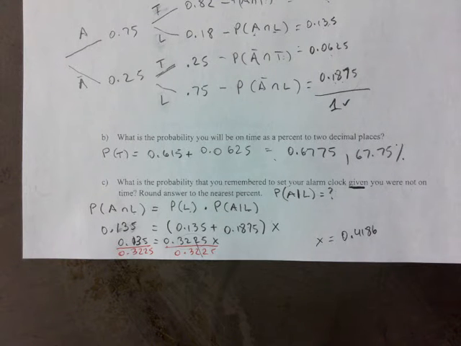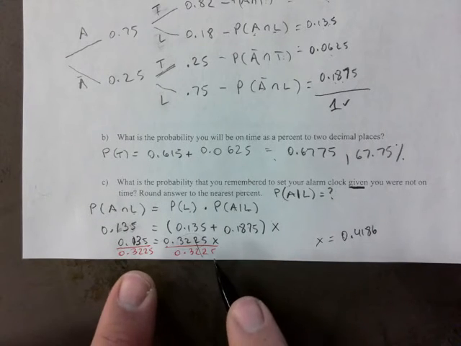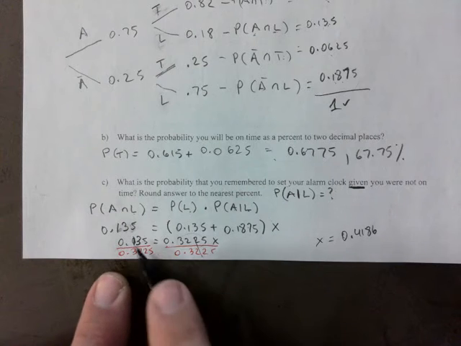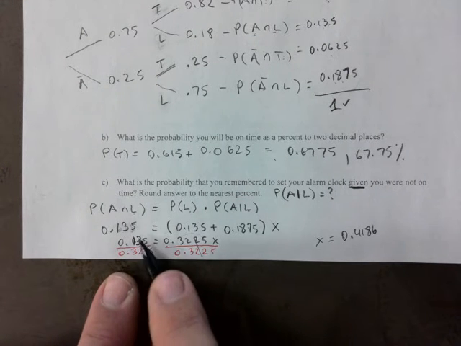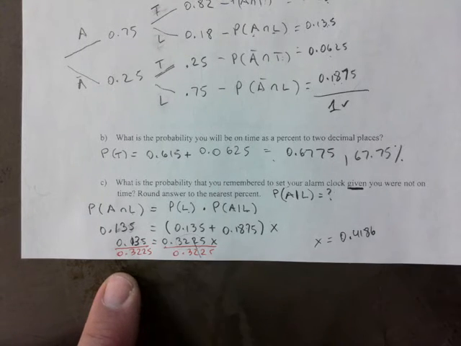On any given day, if you're late, there's a 41.86% chance that you set the alarm. So watch the mistake I just made there. It can happen to you. You're about to divide, and you're like, wait a minute. If this is bigger than what you're dividing by, you're going to get a probability that's greater than 100%. That cannot be.